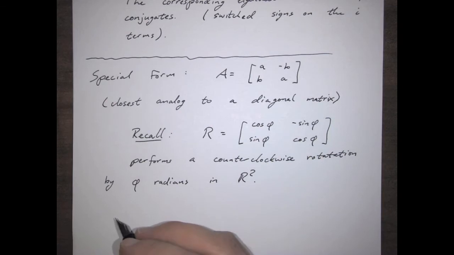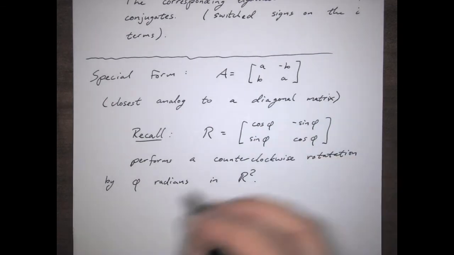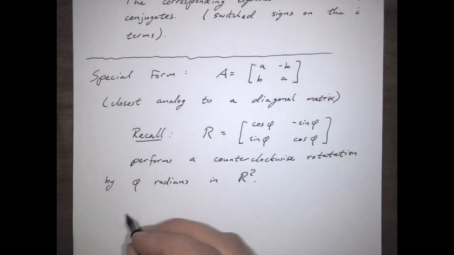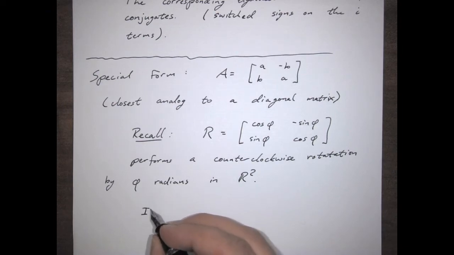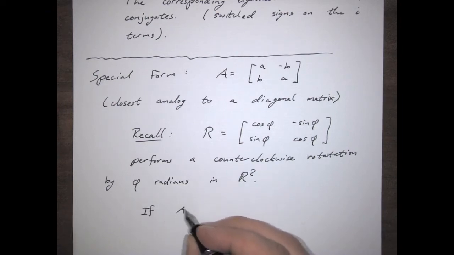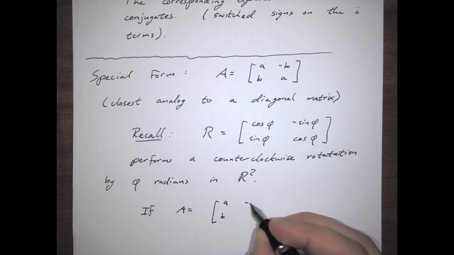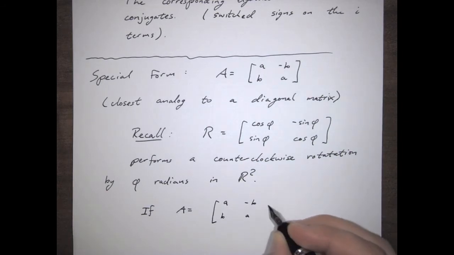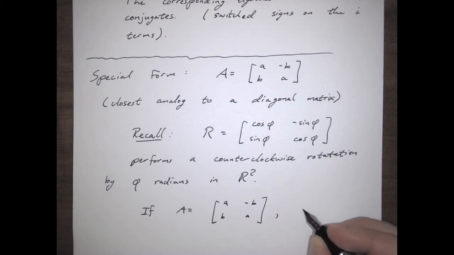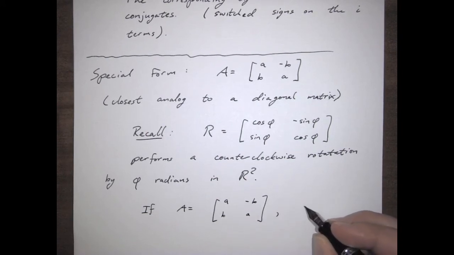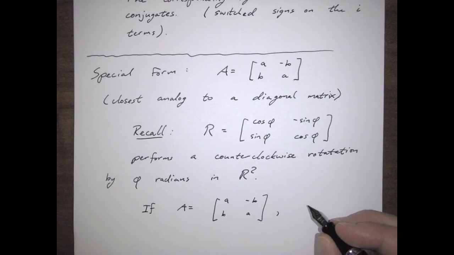So here's how we scale it in order to make this have the same form. So if A is equal to a, b, minus b, a, then we want to scale it in order to make the entries satisfy Pythagorean identities.